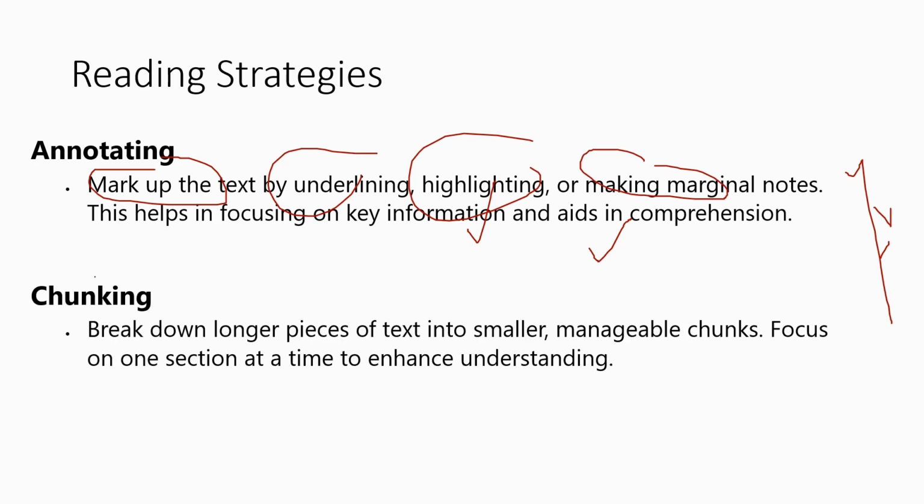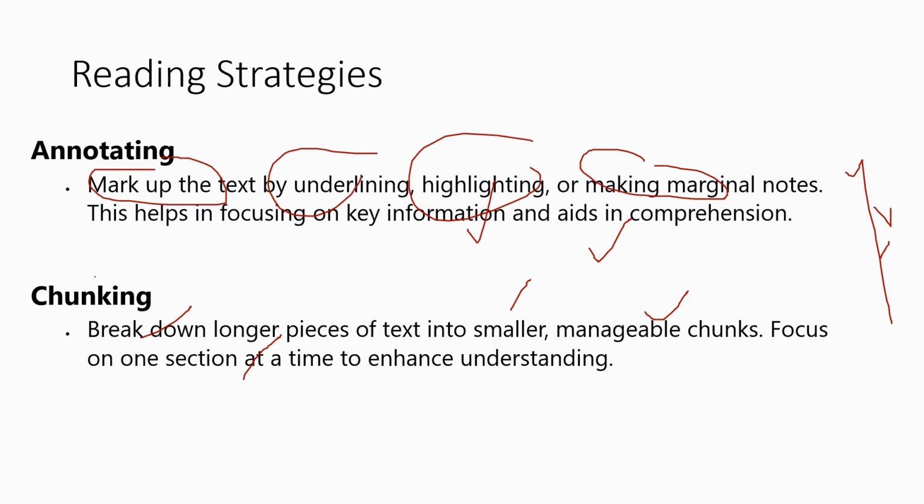Next one is chunking. Chunk means part. Break down longer pieces of text into smaller, manageable chunks. Focus on one section at a time to enhance understanding. So you read in chunks. Instead of reading the text thoroughly, you just read in chunks.